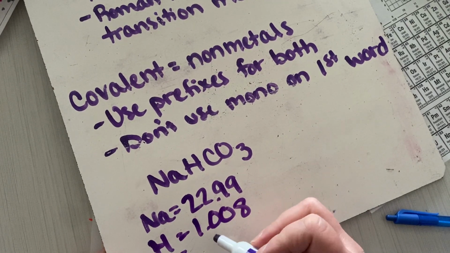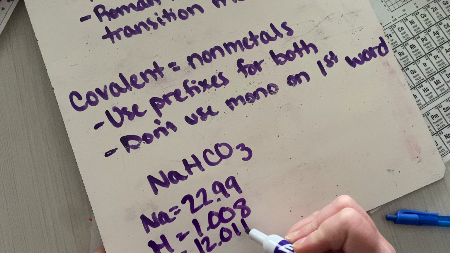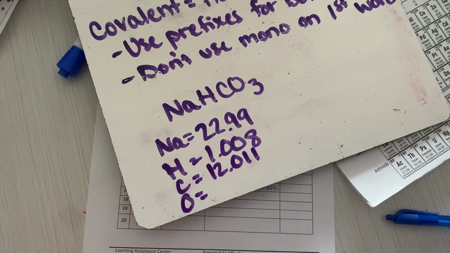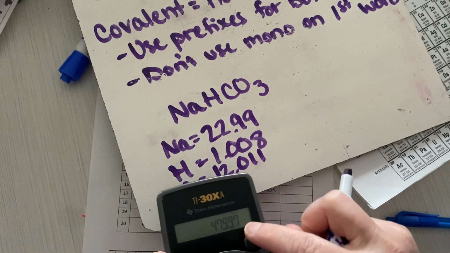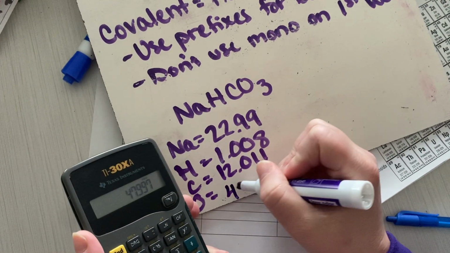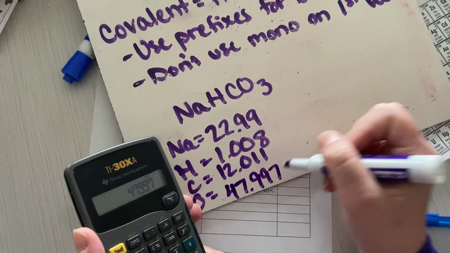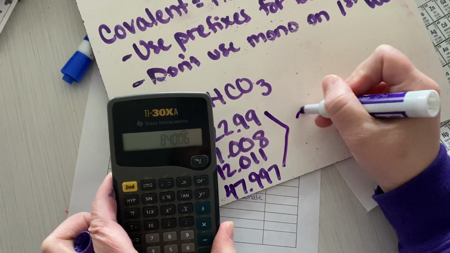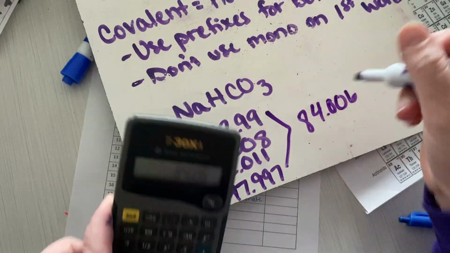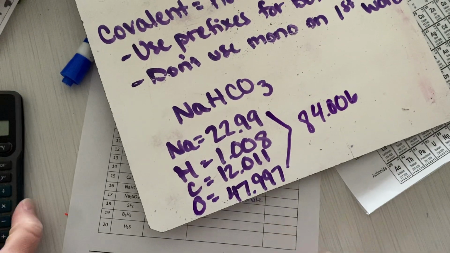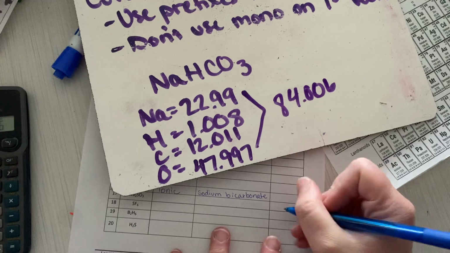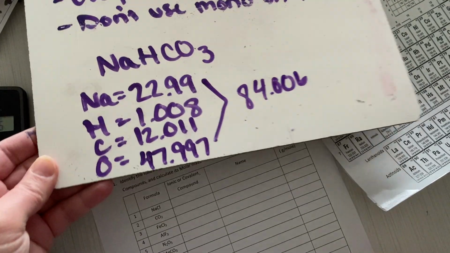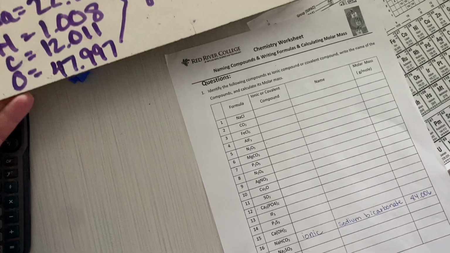C equals 12.011. And O, three of them, we'll figure out that total. So my 15.999 times 3 is going to give me 47.997. And then we're going to add them all up, and we get 84.006. And that's our answer for this one right here. So 84.006.